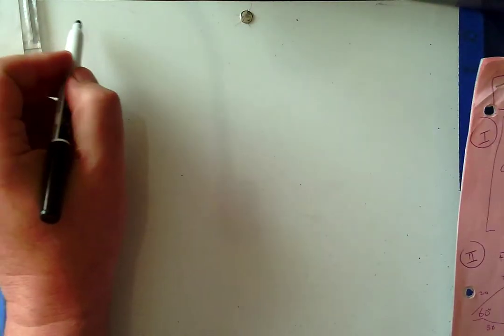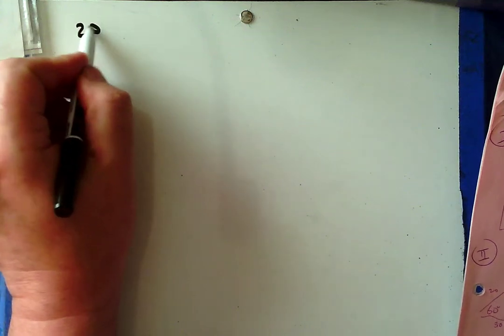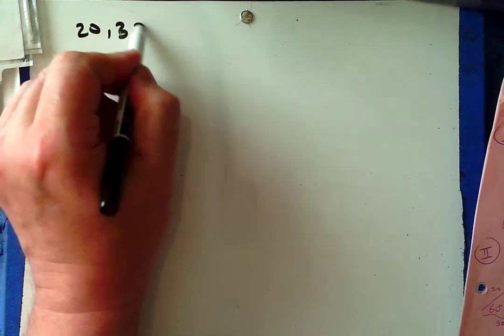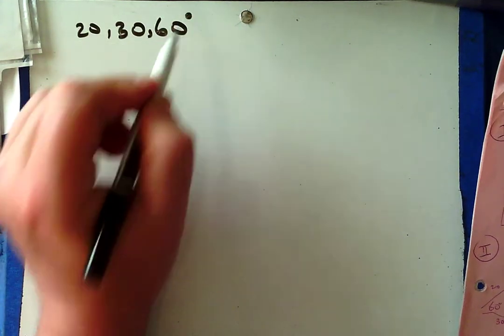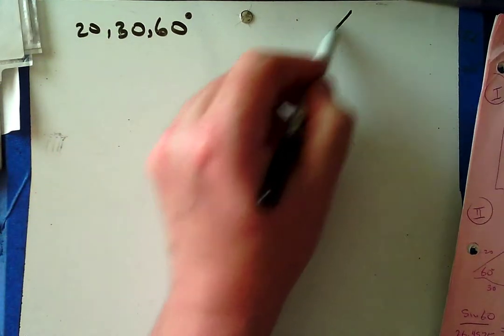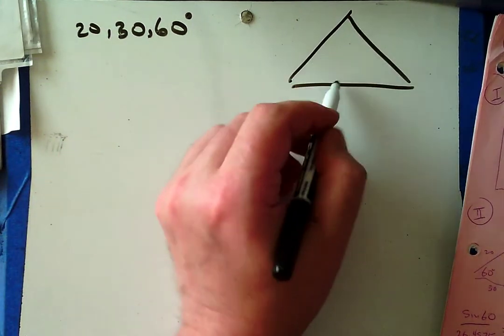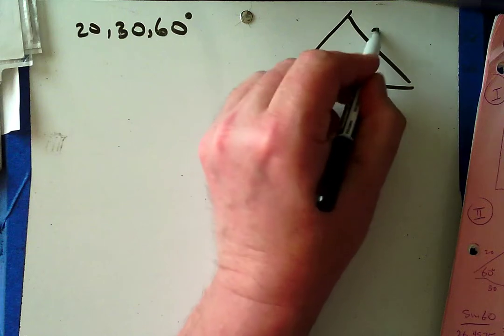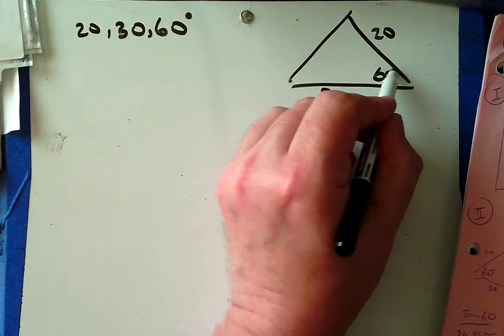So let's take a look at how I use law of cosines. So here's a situation where we're given three pieces of triangle information, 20, 30, and 60 degrees. So I've got this triangle here with 30, 20, and 60 degrees.